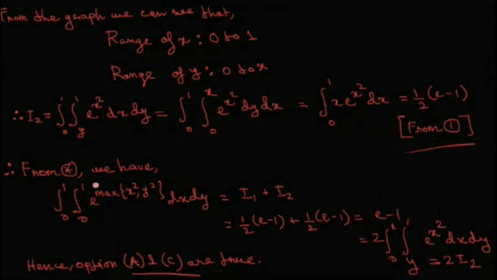So from the star we have our integral, which was I1 plus I2, equal to half into e minus 1 plus half into e minus 1, which is e minus 1. We can write it as 2 I2, that is 2 into the integral 0 to 1, y to 1, e to the power x square dx dy. So we can see that these two answers match with option A and option C. Hence A and C are both true.